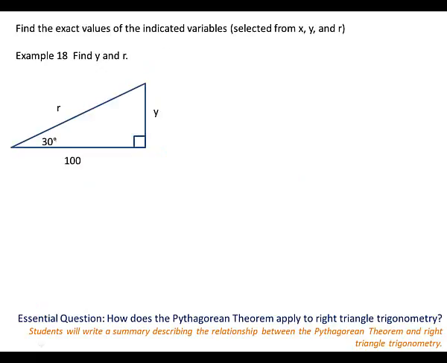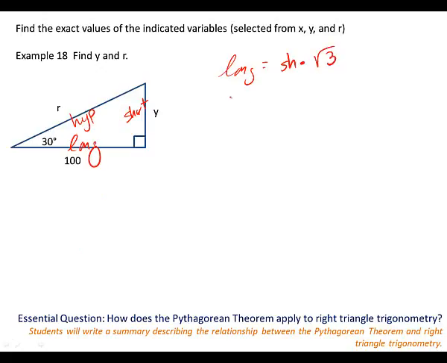Let's see. What's on your short leg right now? 30 is the angle. What's on the short leg? Y. So this is your short, which means 100 has to be the long and R has to be the hypotenuse. Okay, so if I'm going to solve, I can't solve for the hypotenuse until I've solved for the short. So I'm going to have to use my long leg formula. So long equals short times what?